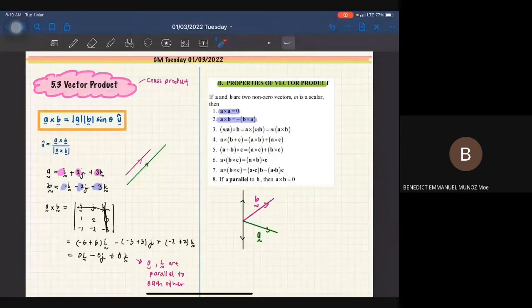Kalau awak ada dua vektor, awak darabkan dia, awak cross productkan dia, dia akan terhasil satu vektor which is perpendicular to both vector.